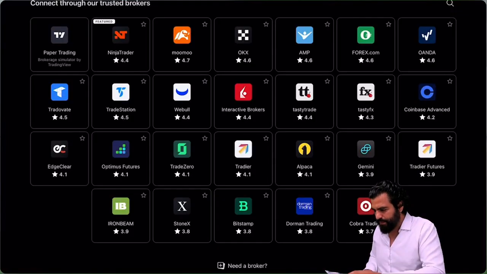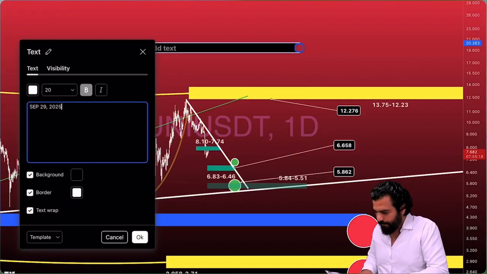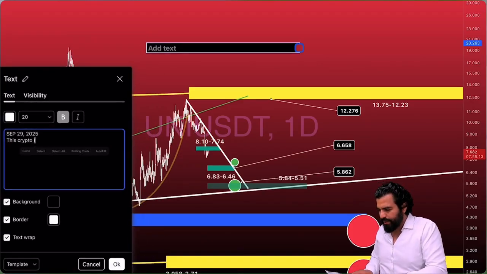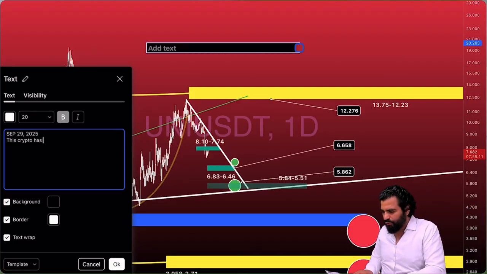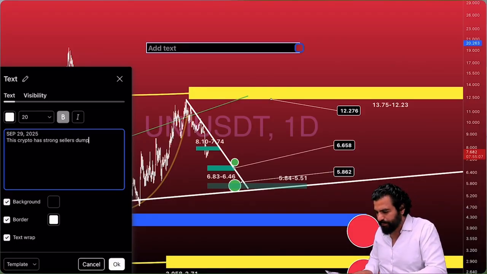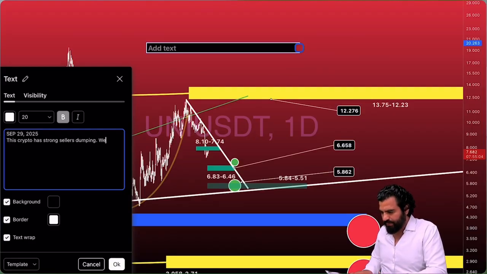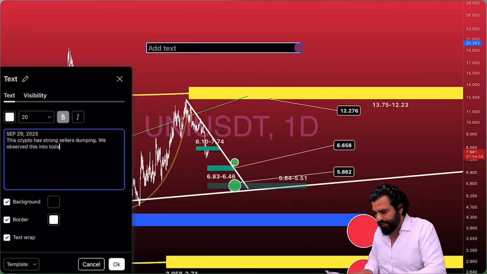September 29th. This crypto has strong sellers dumping. We observed this in today's video. It also does not have a strong selling campaign.